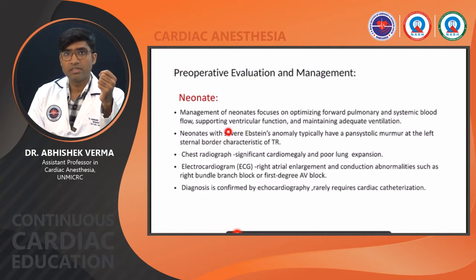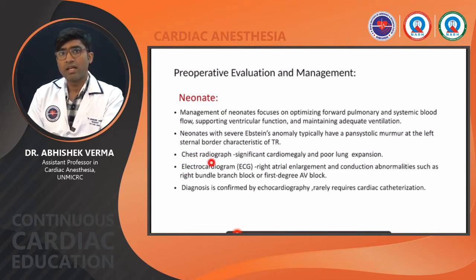Neonates with severe Ebstein anomaly have a pansystolic murmur at the left sternal border because of TR, and cardiomegaly is present on the chest X-ray. ECG shows right bundle branch block or first-degree AV block, meaning there is a conduction abnormality because of the displacement of the tricuspid annulus, and sometimes there is a breach in the annular pad. Diagnosis is confirmed by echo.